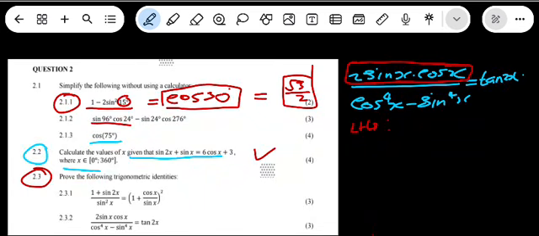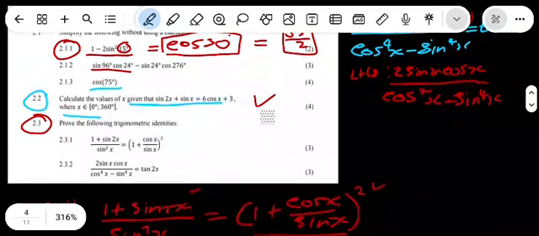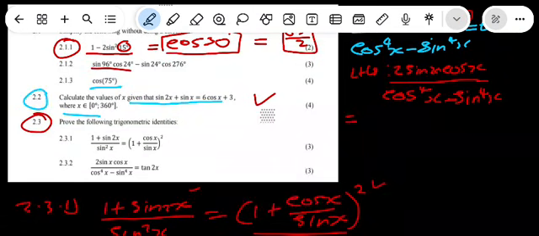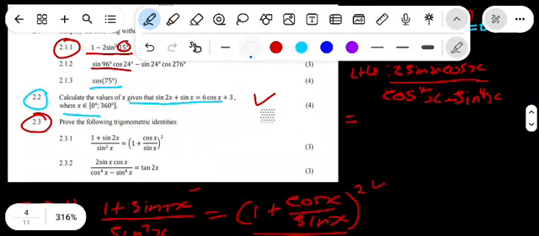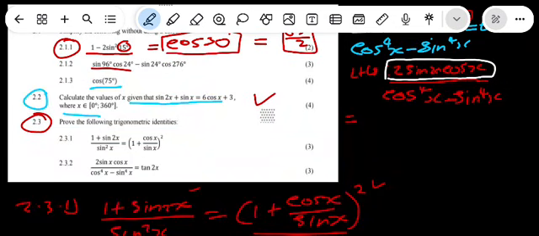On the left hand side, we have 2 sine x multiplied by cos x divided by cos raised to the power 4 x minus sine raised to the power 4 x. So then let's check. This is a double angle, as you can see.